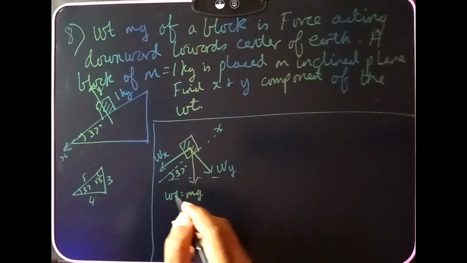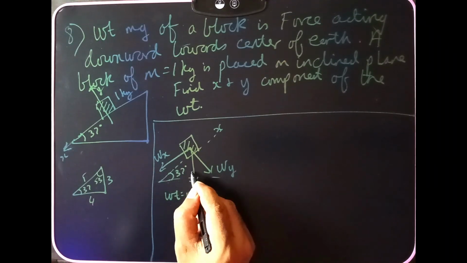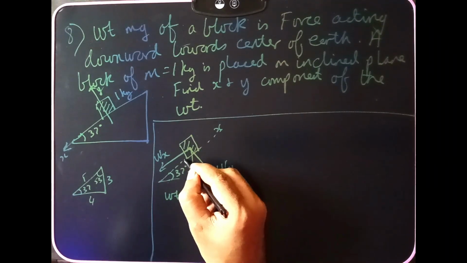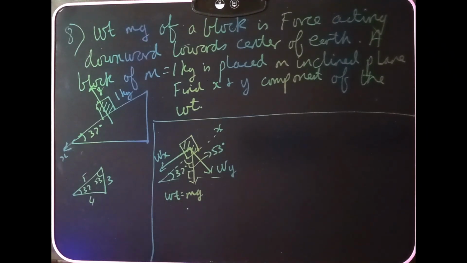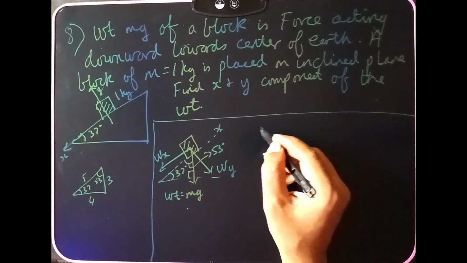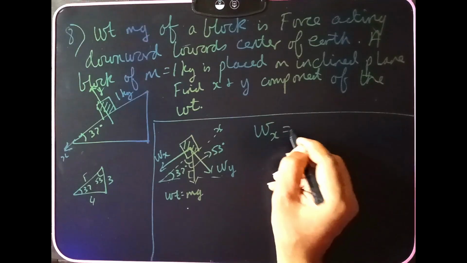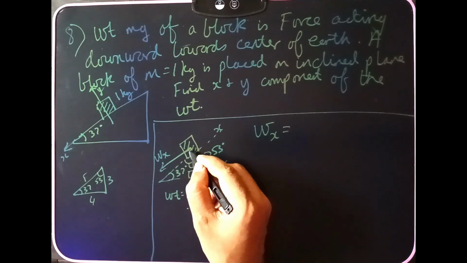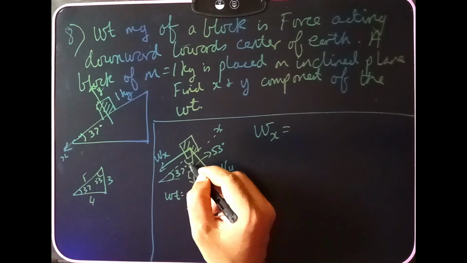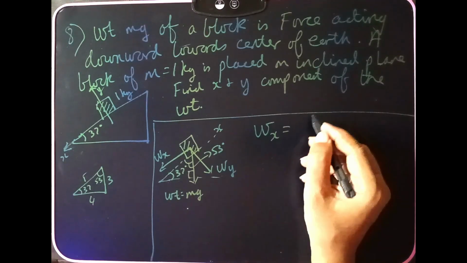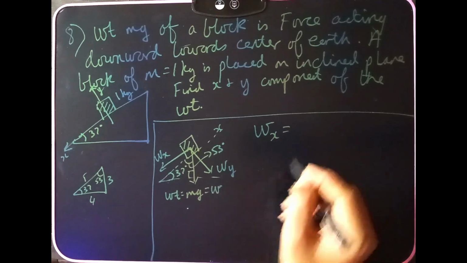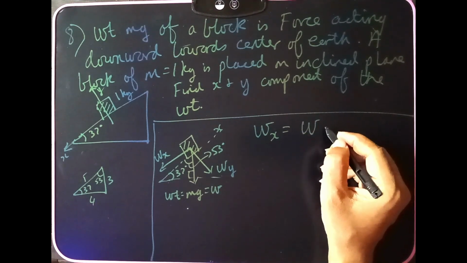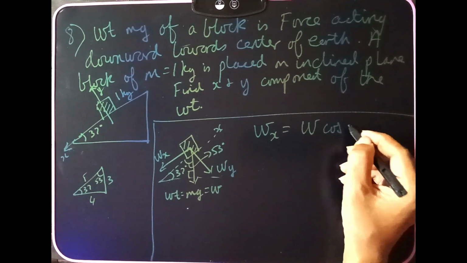Now we need to know the angle. This is 37 and this is 90 degrees, so this will be 53 degrees. So wx is the adjacent side of this angle 53, so wx is equal to W cos 53.